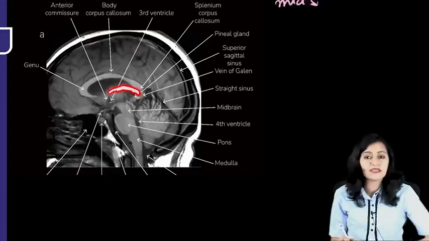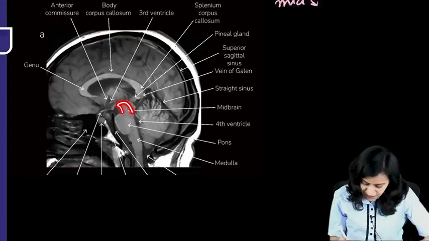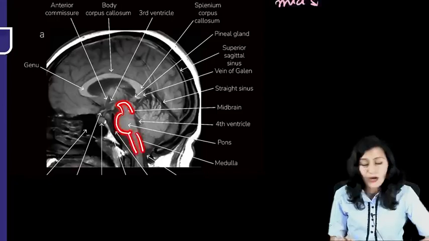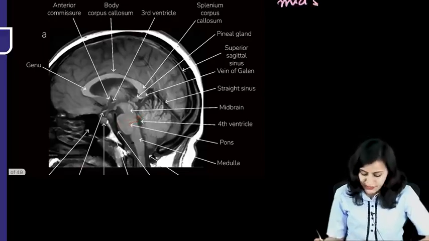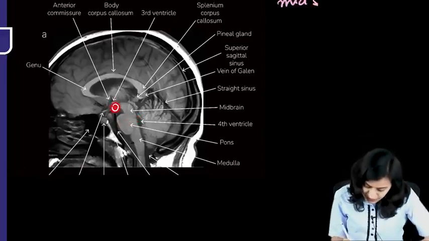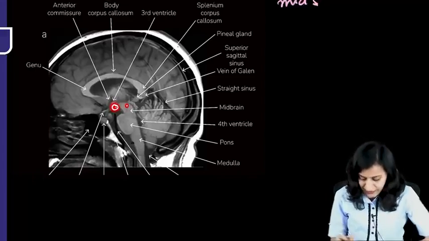Then we have the brainstem, which is the midbrain, the pons and the medulla oblongata. Pons has the maximum AP diameter that we are seeing here. In front of the midbrain, the small structure MB, that's the mammillary body.